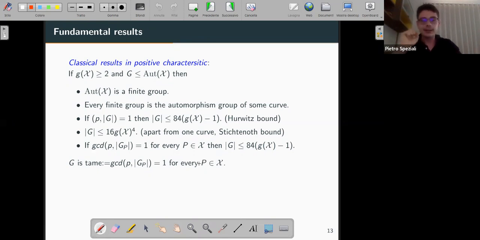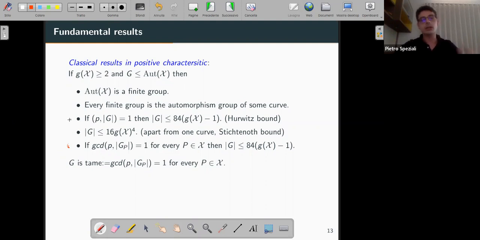I told you that 16g^4 seemed arbitrary, but indeed it was not. So apart from an exception, which is the Hermitian curve, you have at most 16g^4 automorphisms. Actually, we can be a little more precise than this, and this last result is sharper.